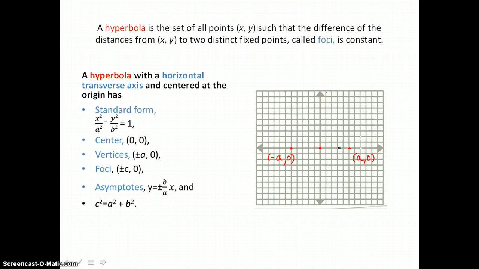Now there is a distance of b units on either side of the center on an axis perpendicular to the transverse axis, but not like the ellipse.